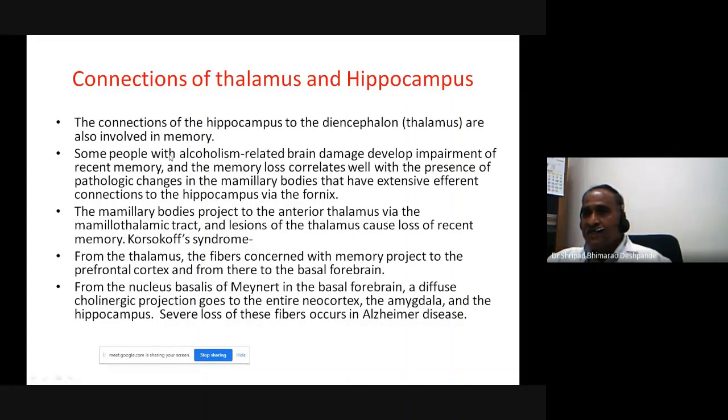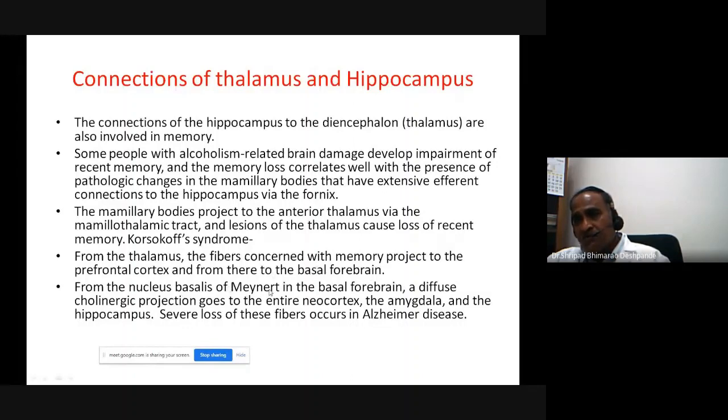There is a loss of recent memory, what is called anterograde amnesia, where he cannot form new memory. This is because the fibers concerned with memory project to the prefrontal cortex and to the basal forebrain, especially from the nucleus basalis of Meynert.